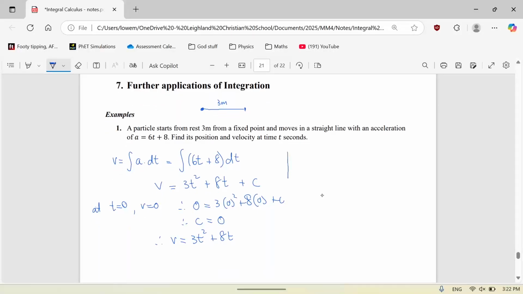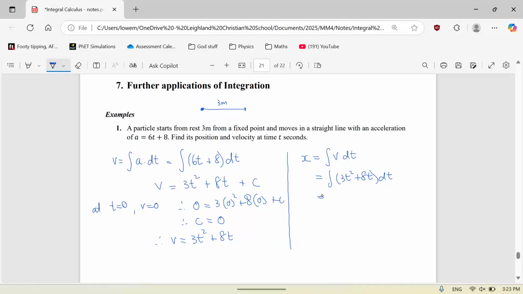Over on this side here we'll work through to find our position. So position is the integral of velocity. If we think of position as, say, x, because we're just travelling in this straight line, x will be equal to the integral of velocity with respect to time, which is the integral of 3t squared plus 8t dt.